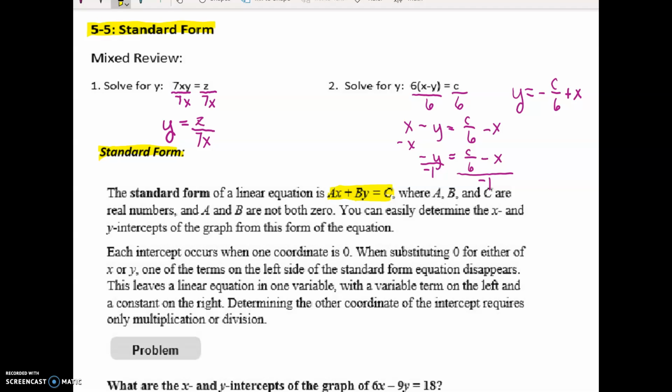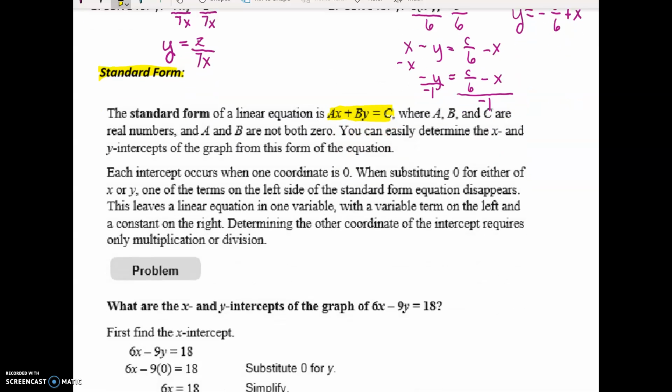So you can either solve for x or solve for y, and that would determine your intercepts, either your x-intercept or your y-intercept. Remember that intercepts are where the graph crosses either the y-axis or the x-axis. So just to refresh you there.